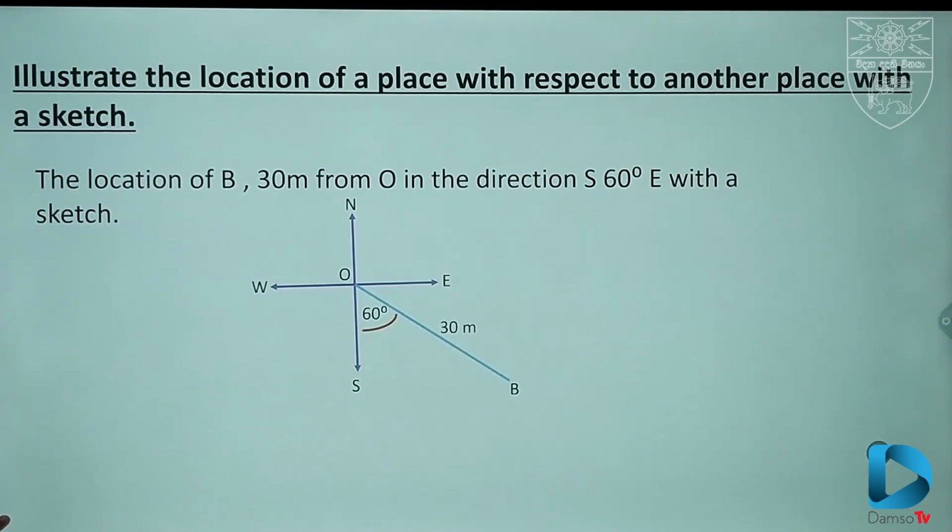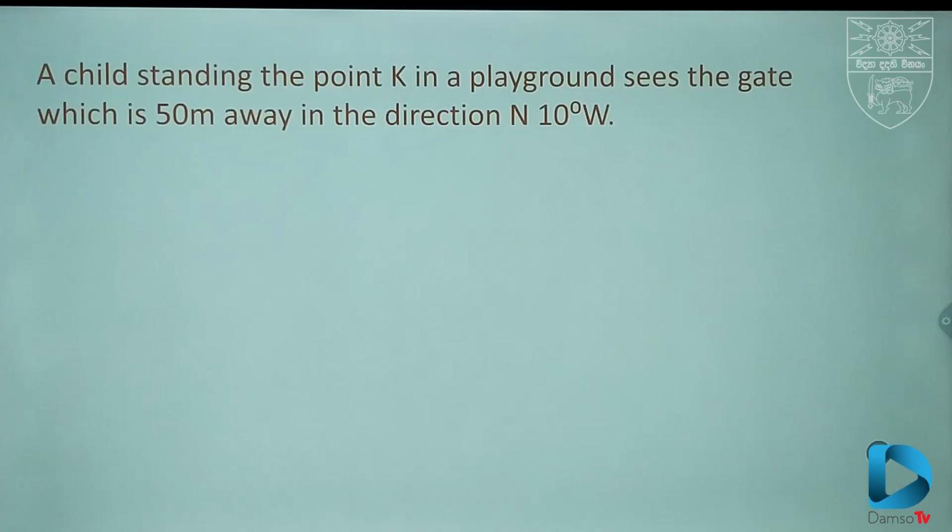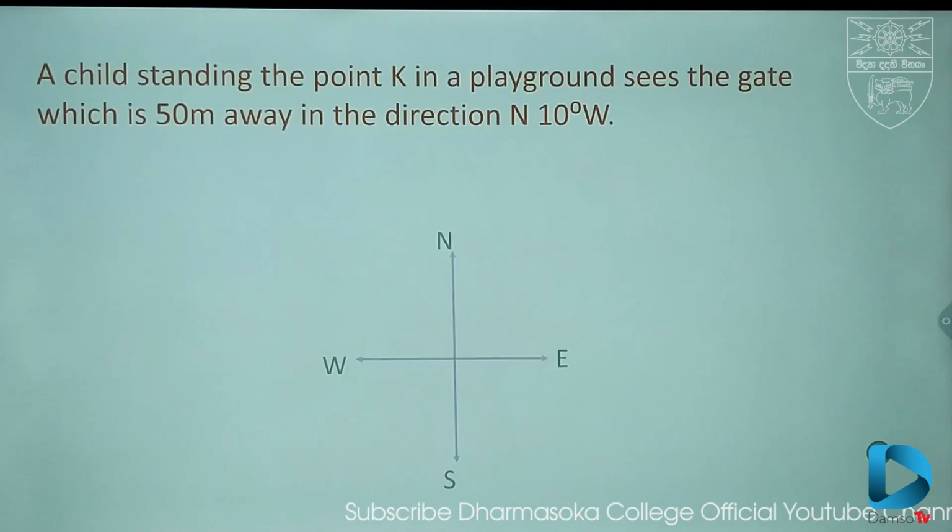Let's see another one. A child standing at the point K in a playground sees the gate which is 50 meters away in the direction N 10 degrees W. The meaning of N 10 degrees W is 10 degrees west of north.